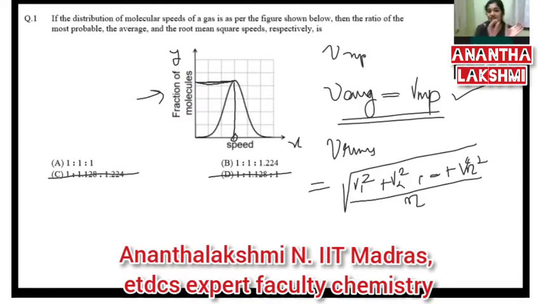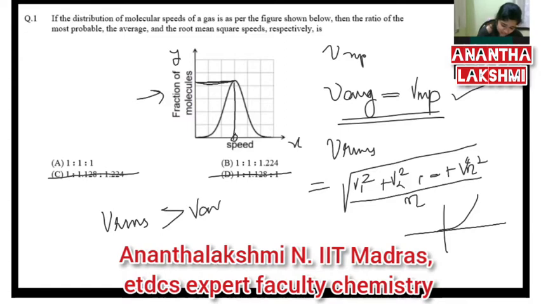It's not like every molecule will have an equal contribution, because the square function grows faster, and hence the average will be closer to the higher numbers. So definitely we can say VRMS will be greater than V average. We don't even need to calculate how much because it's crystal clear. So it'll never be equal.